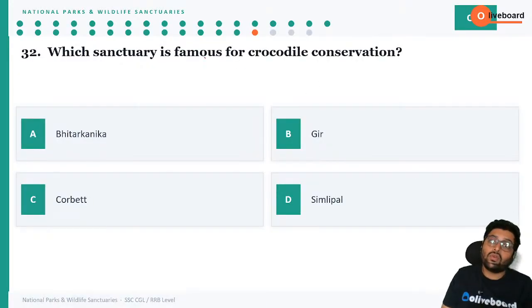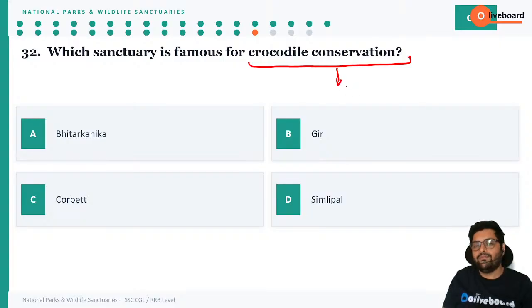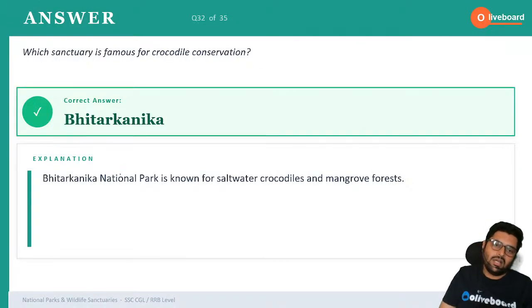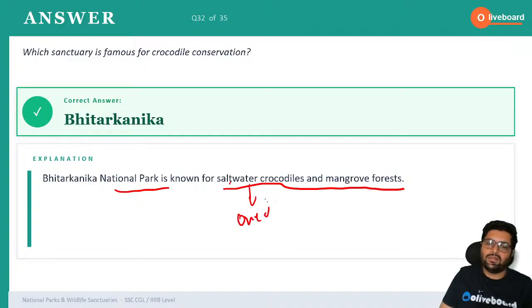Which sanctuary is famous for crocodile conservation? Now, see, these we expect you to remember because they are very important from the fauna point of view. So, which sanctuary is famous for crocodiles? It is Bhitarkanika, for saltwater crocodiles and mangrove forest, one of the largest crocodiles on earth.